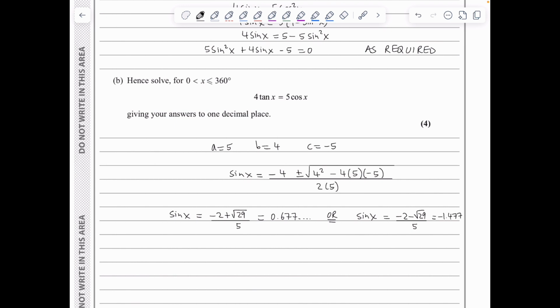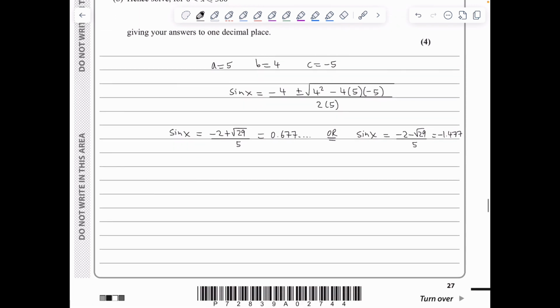Well, knowing that sine x varies between negative 1 and 1, we know that this solution will not yield any values for x. So I would say reject here, not valid.